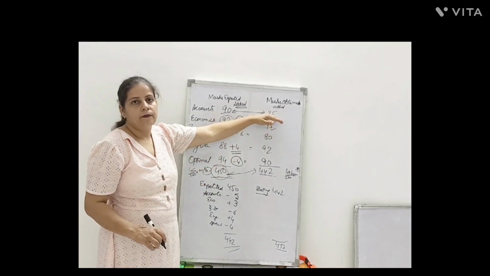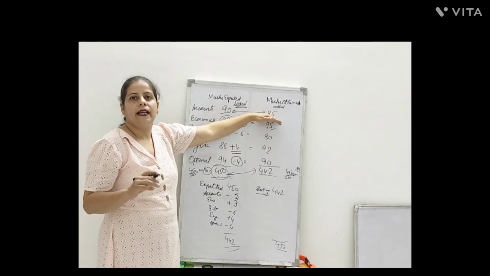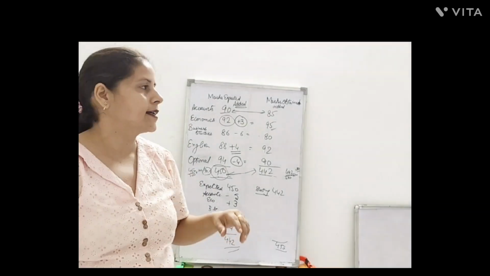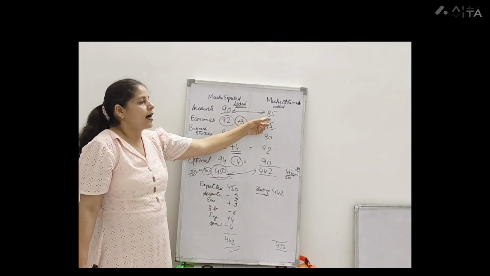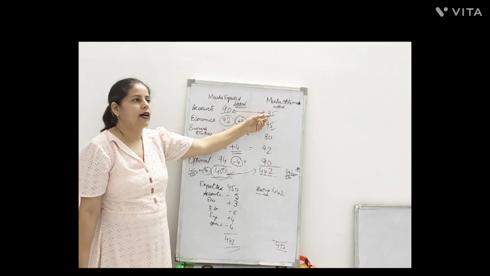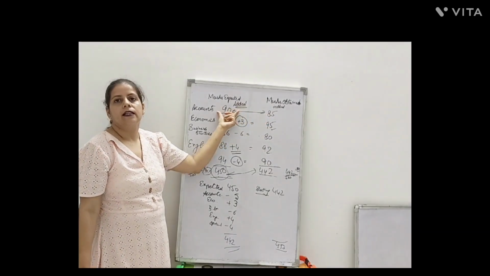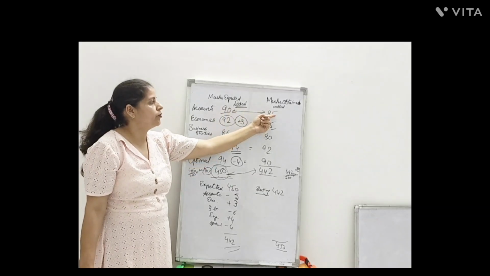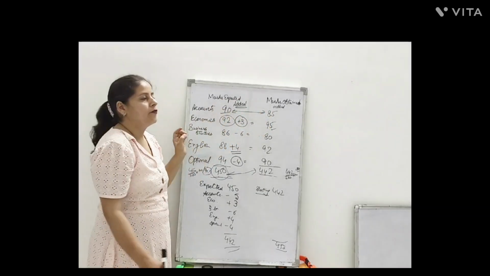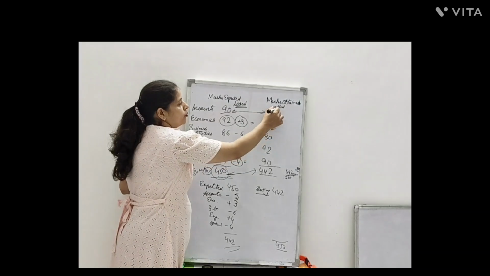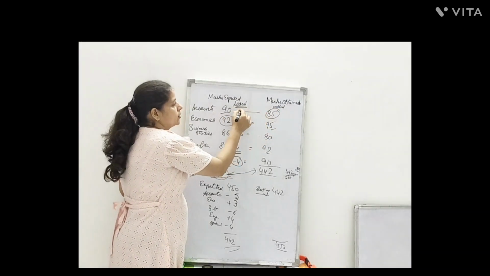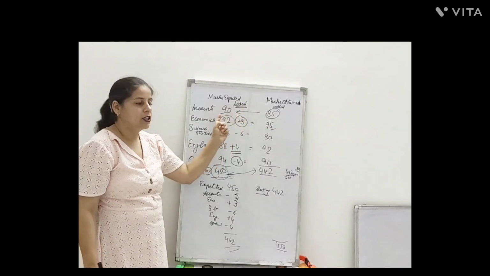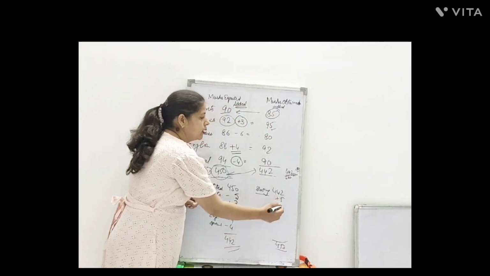See over here, I achieved 85, but I wanted to get how much more there? 90. So when I start this way and come along, my expectation was 5 marks higher, so I should add 5 over here, right?